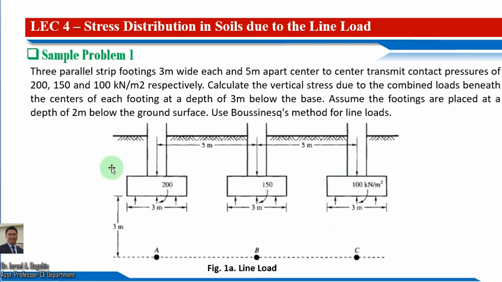But in this case, we are going to neglect the depth of footing. We are just considering this depth of 3 meters below the base, so this is 3 meters. We are going to calculate the stresses here at point A, point B, and point C. Take note, the footings are 5 meters apart from each other.